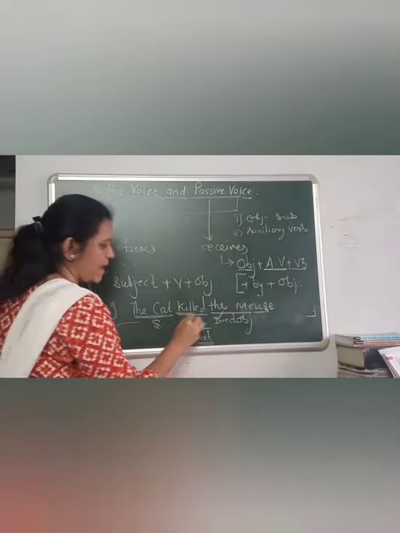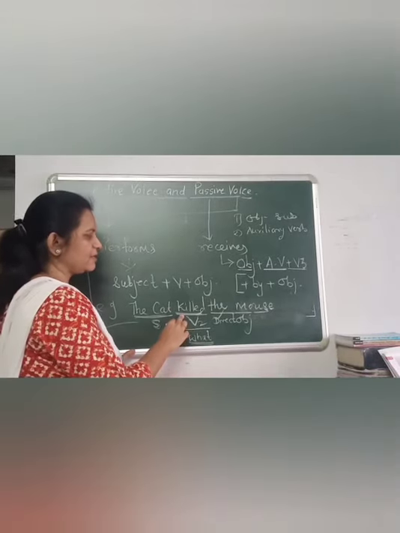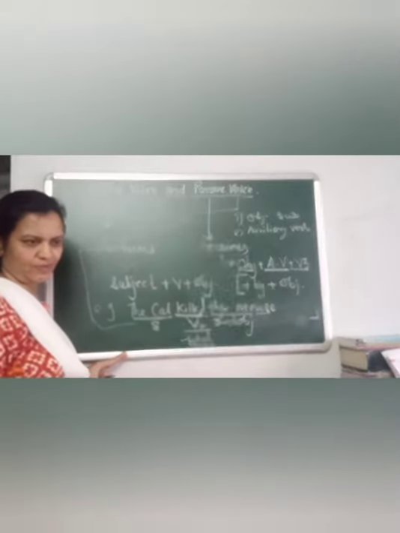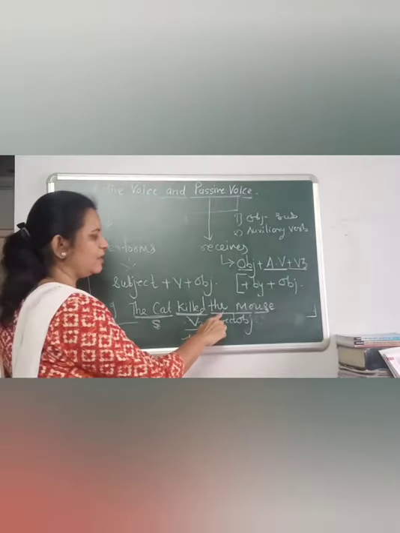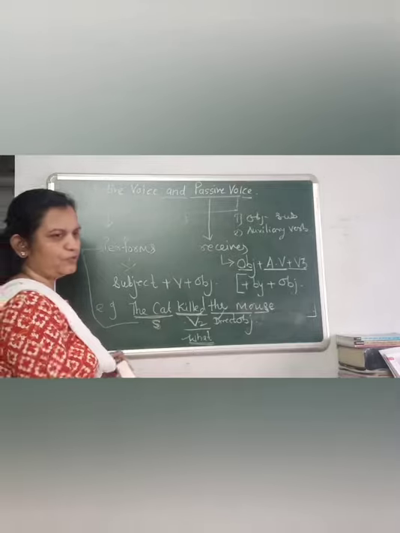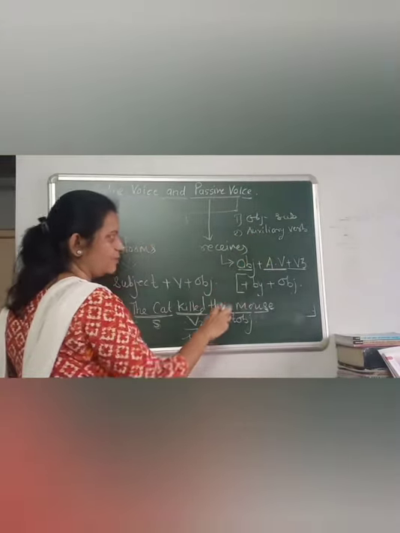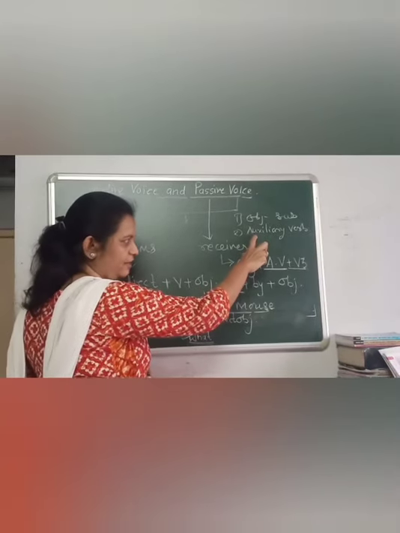As it is the past tense, which helping verbs are used in the past tense? Was and were. If the object is singular, use was. And if the object is plural, we have to use were. And so the second is, after that object we have to use auxiliary verb.